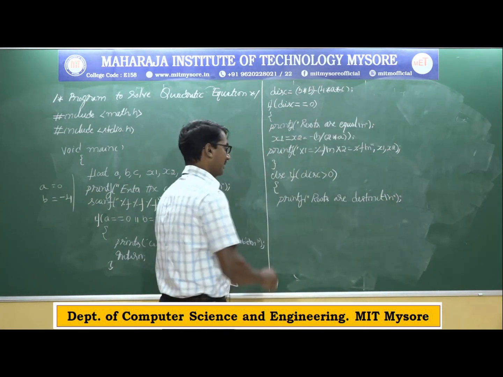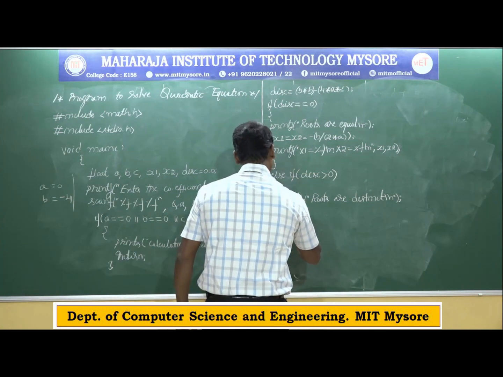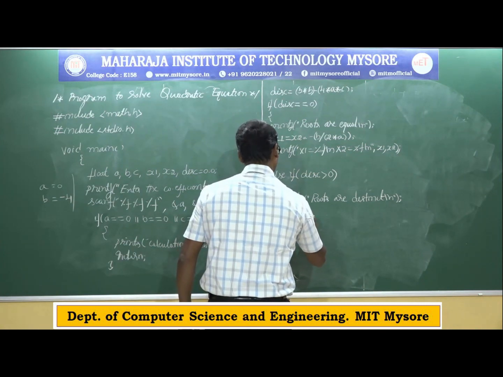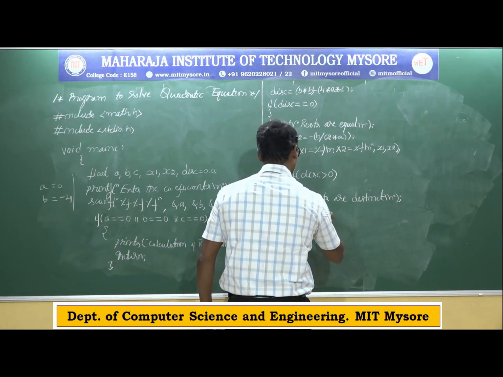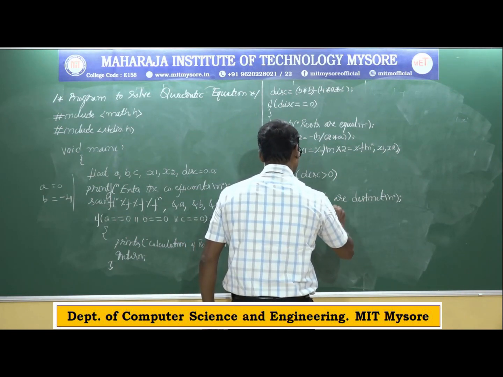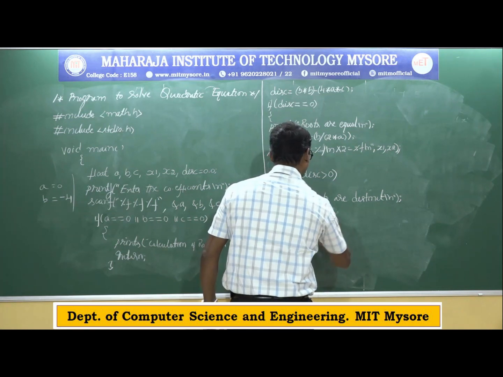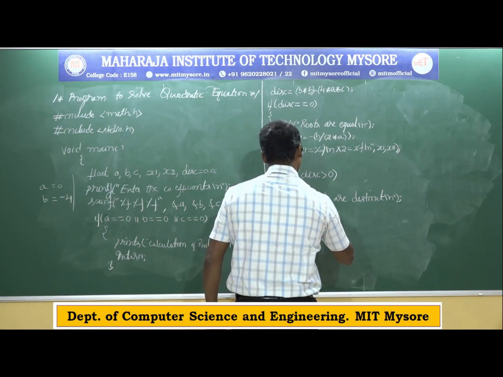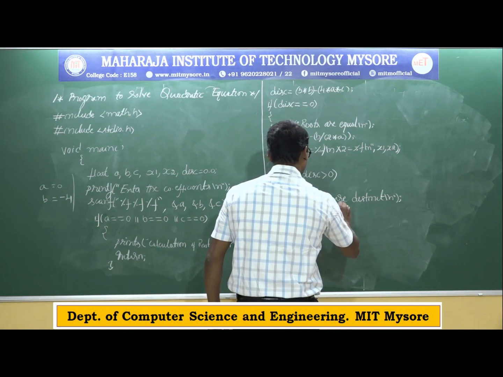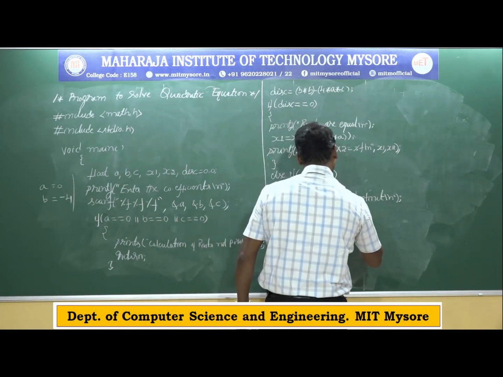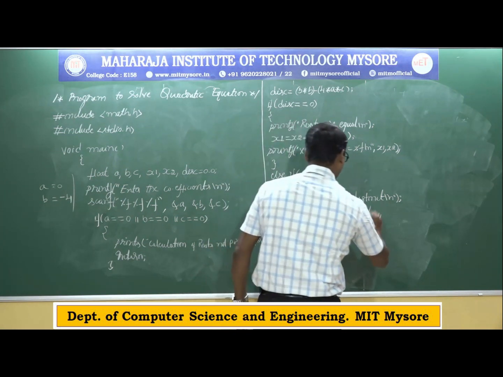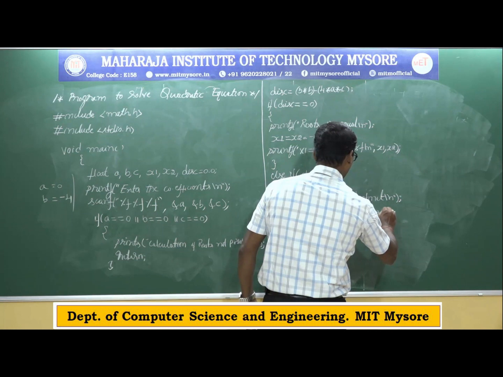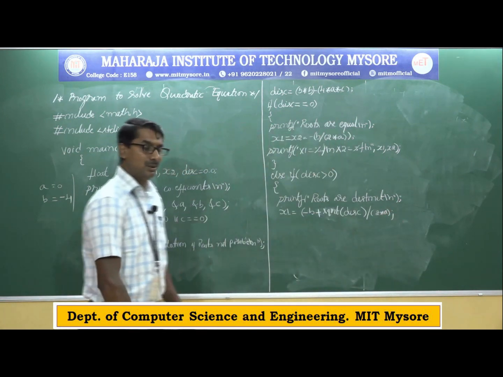Then x1 is equal to minus b plus sqrt of DISC, divided by 2 into a. This is for the x1 value.